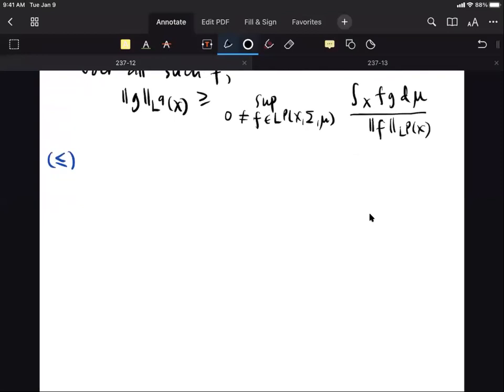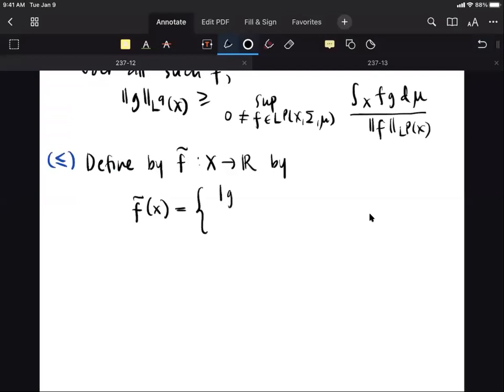That is accomplished by this function, f tilde. f tilde of x is, let's say, the absolute value of g of x raised to q minus 2 times g of x, provided that g of x is not 0.